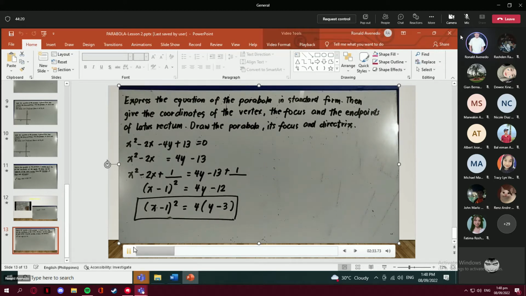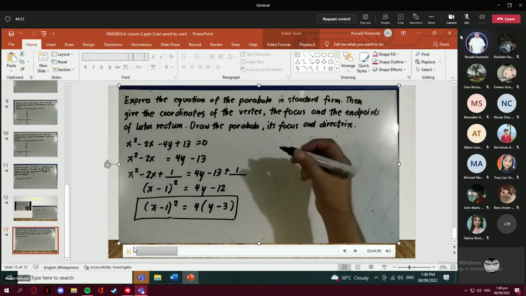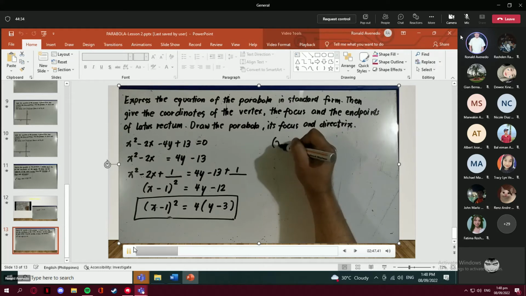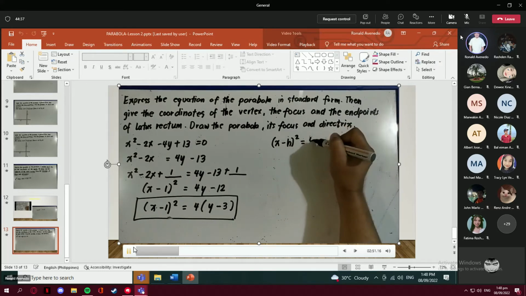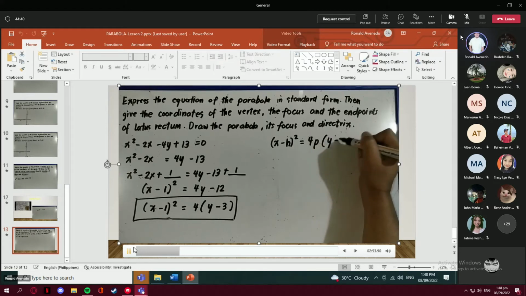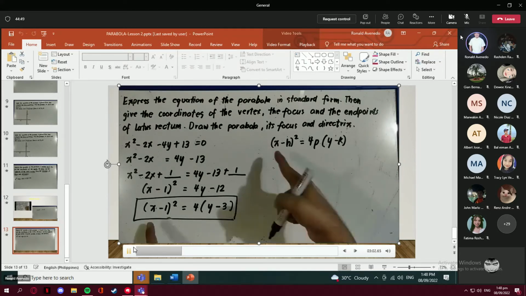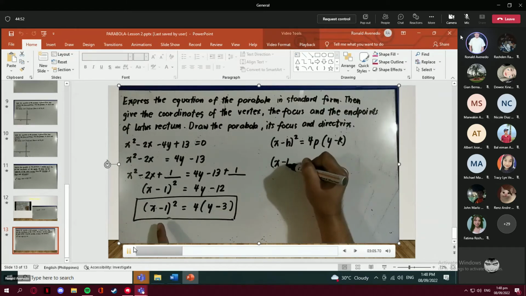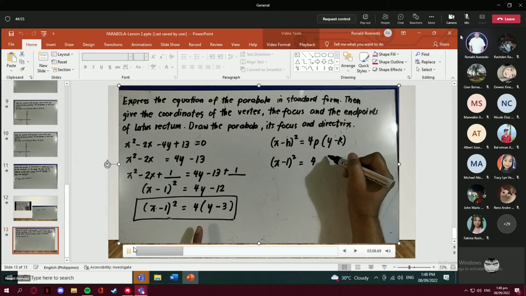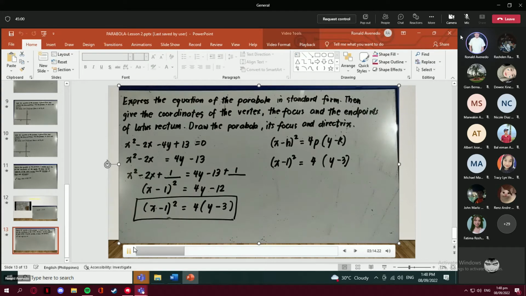To find the coordinates of the vertex, the focus, and the other unknowns, we need our guide: x minus h squared is equal to 4p times y minus k. That is our guide. Then we compare the two: x minus 1 squared is equal to 4 times y minus 3. I think it's easy.